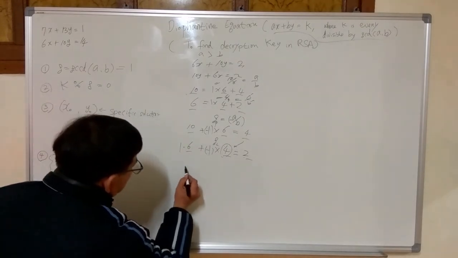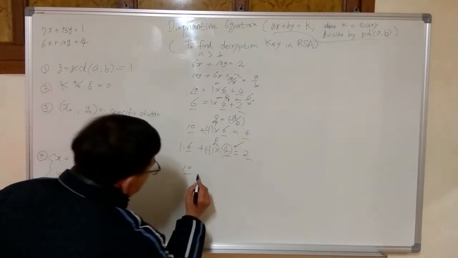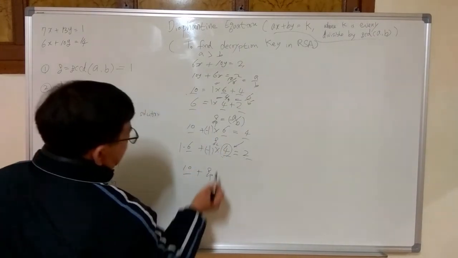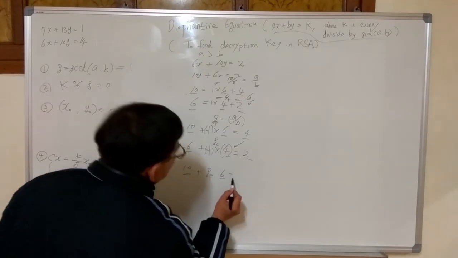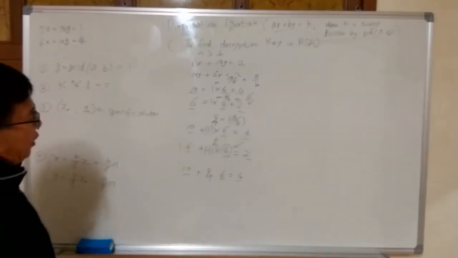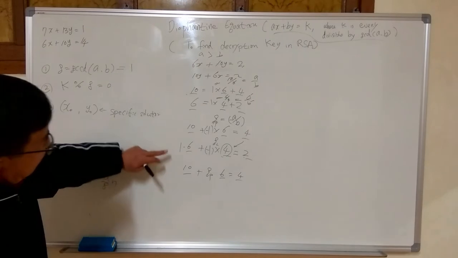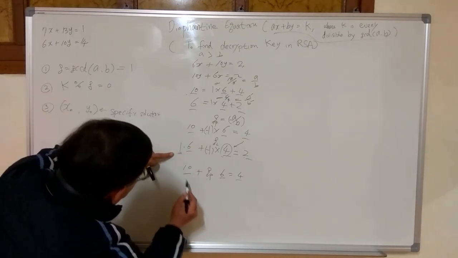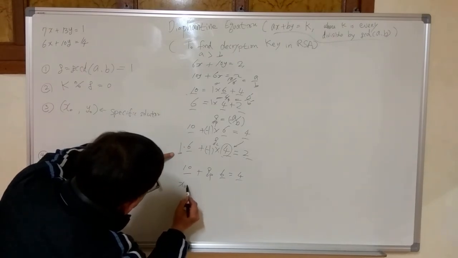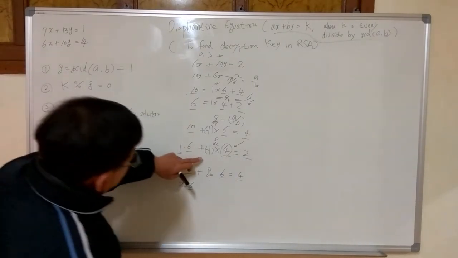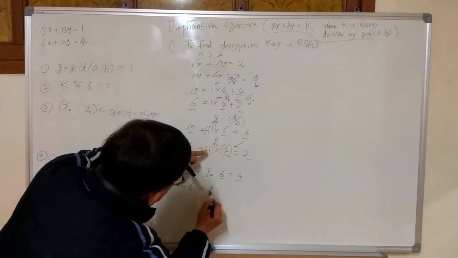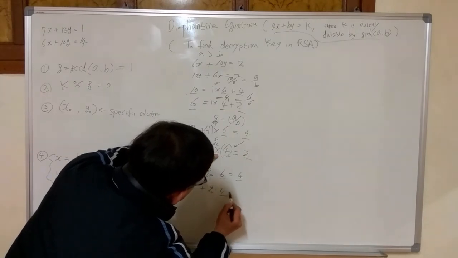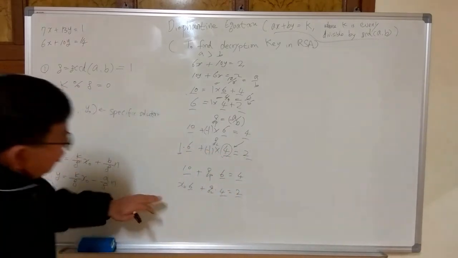I start with 10 bar plus QP times 6 bar equals 4 bar. I rewrote it like this, and here x0 times 6 bar, then plus QL times 4 bar equals 2 bar. Do you follow with me?